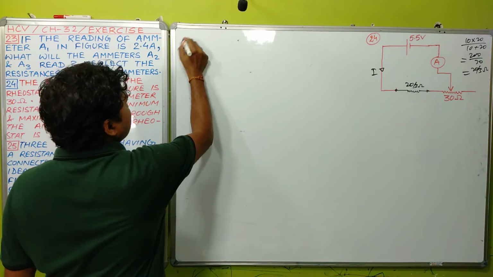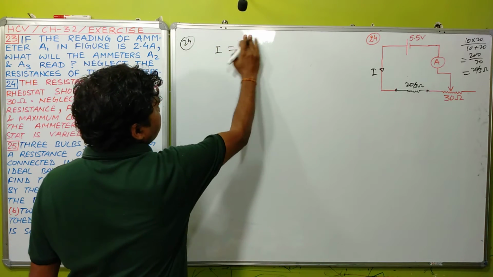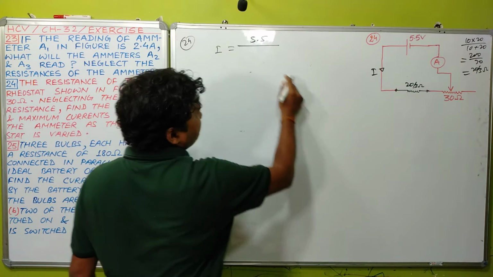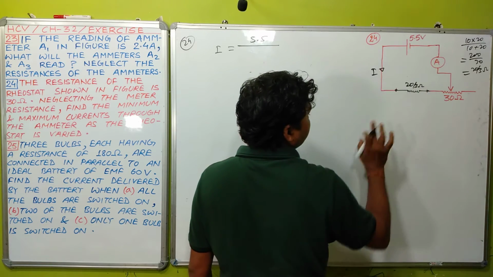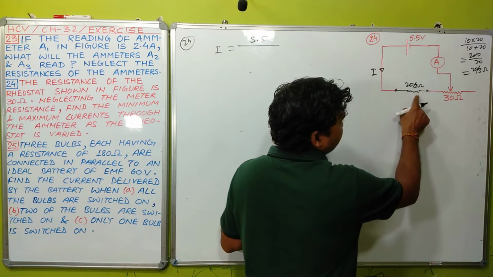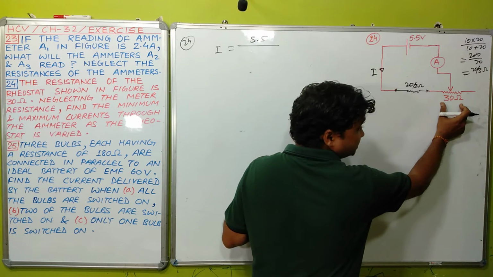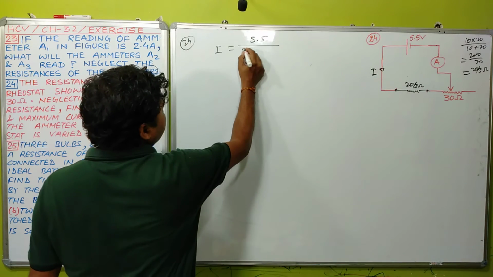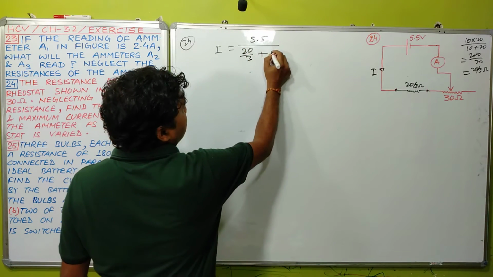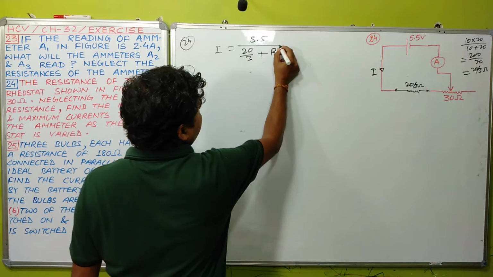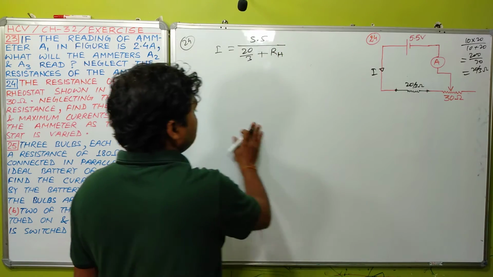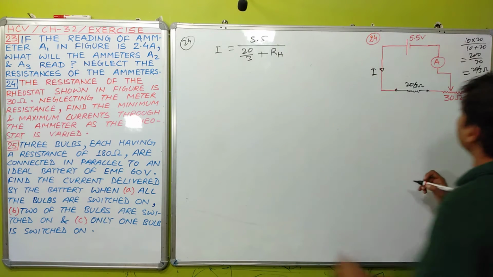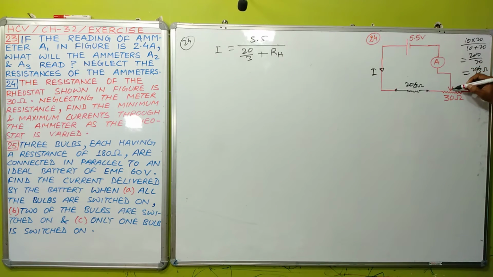Student, you can see here the value of current I can be written as effective EMF 5.5, and there are two resistances, 20 by 3 ohm and this variable resistance of the rheostat. These two are connected in series. In general the resistance of the rheostat is represented by RH, since its value will change according to the change in position of this jockey.